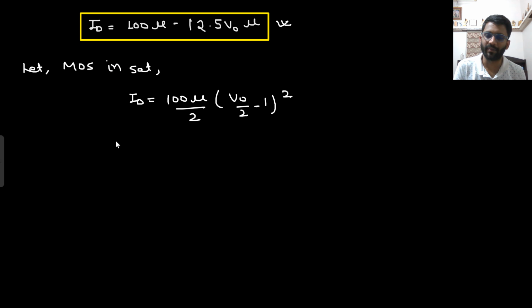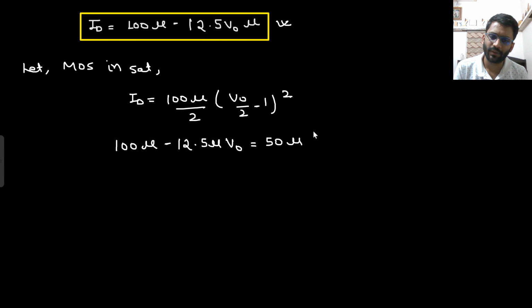Right. Now ID I can replace here. ID is 100 micro minus 12.5 micro V naught, 50 micro, that will be V naught by 2 minus 1 whole square.